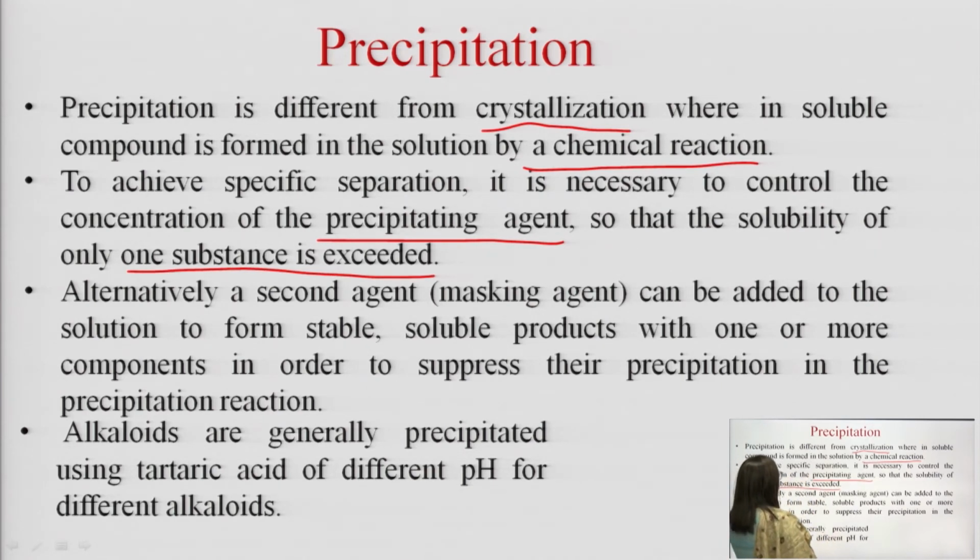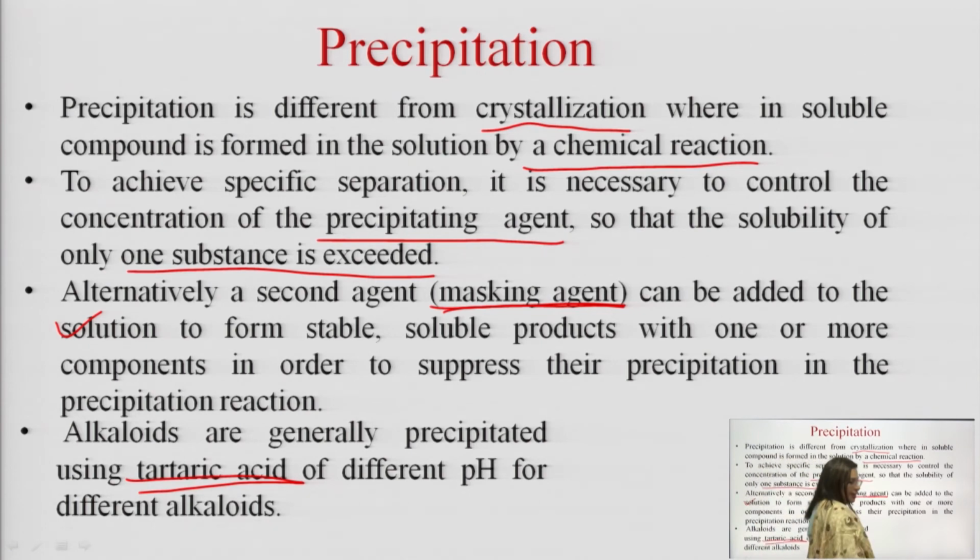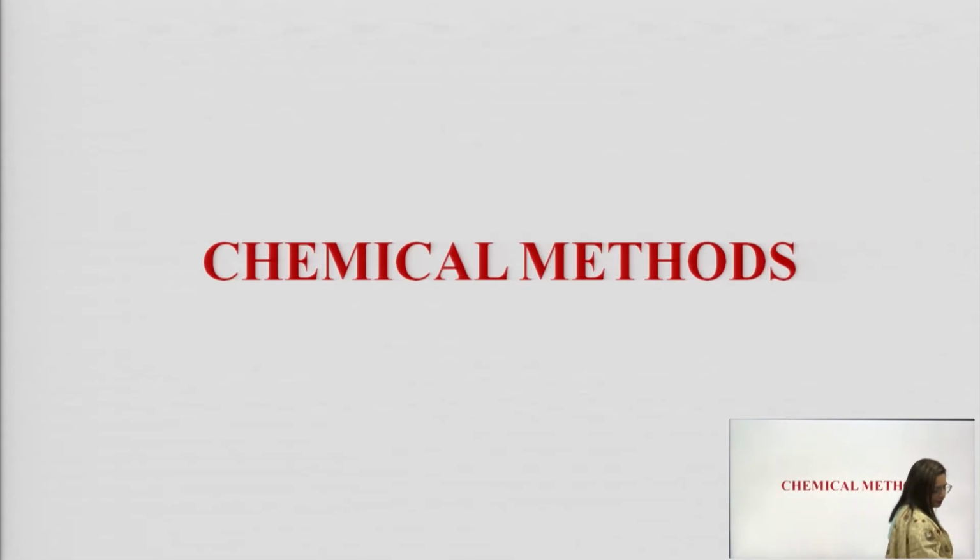Alternatively, a second agent or masking agent can be added to the solution to form stable soluble products with one or more components in order to suppress the precipitation. Alkaloids are generally precipitated using tartaric acid of different pH for different alkaloids.